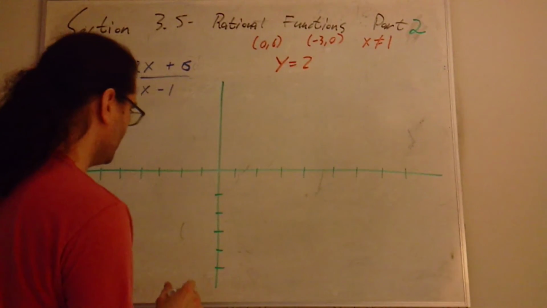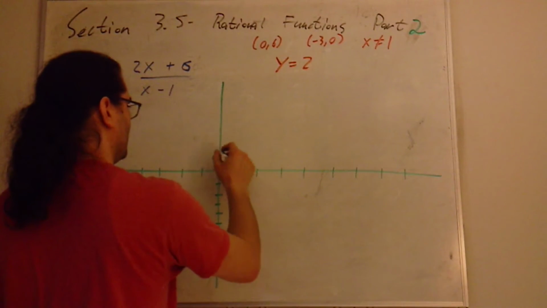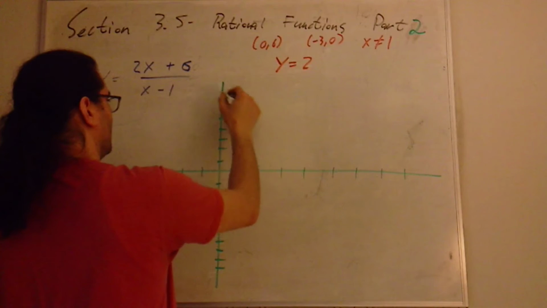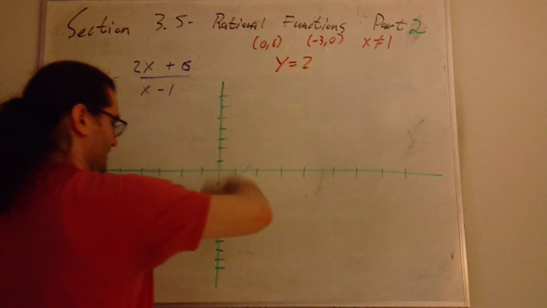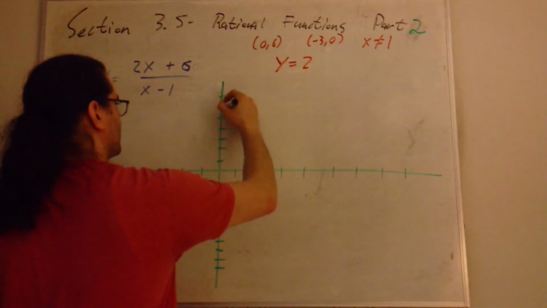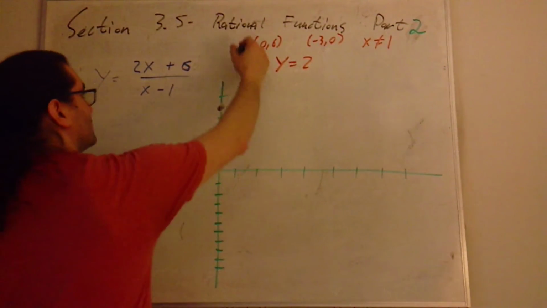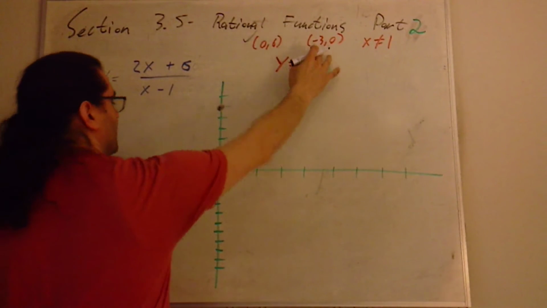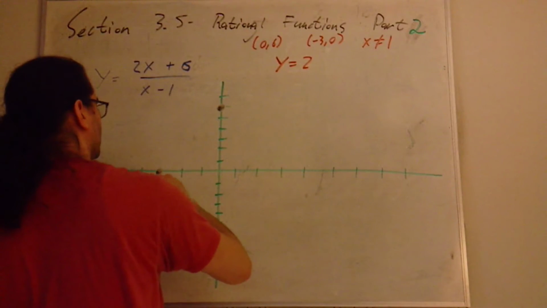Oh, I need more on this axis, don't I? Okay, so here's my axes. I'm going to start putting information on this axis. I didn't need to go down further, I needed to go up to 6. 1, 2, 3, 4, 5, 6. Okay, this is my y-intercept, 0, 6. Got it. -3, 0. This is my x-intercept. Got it.